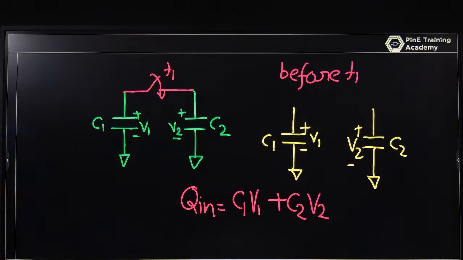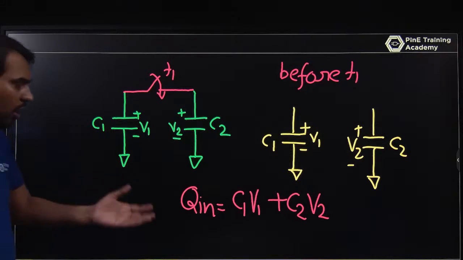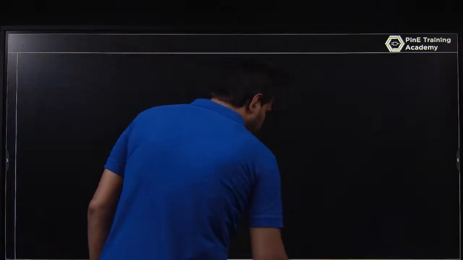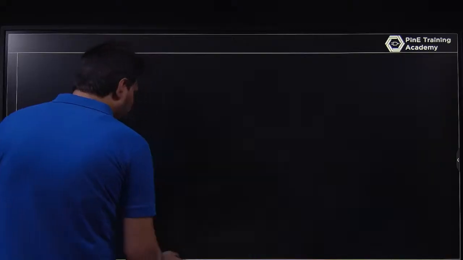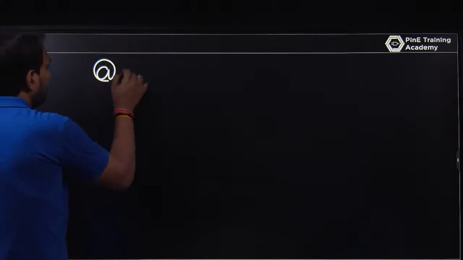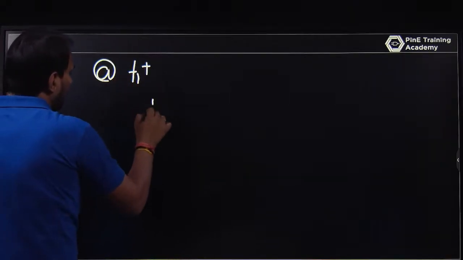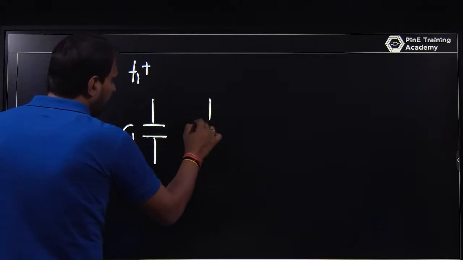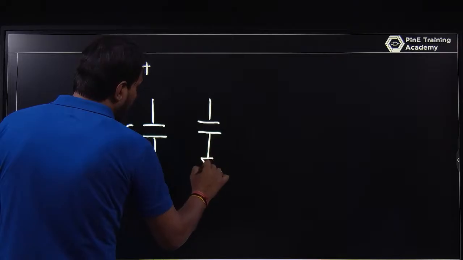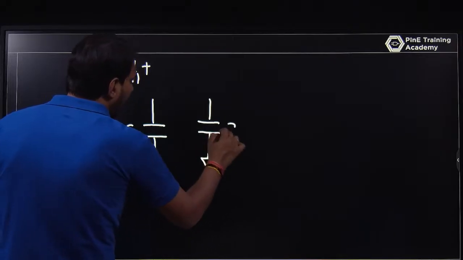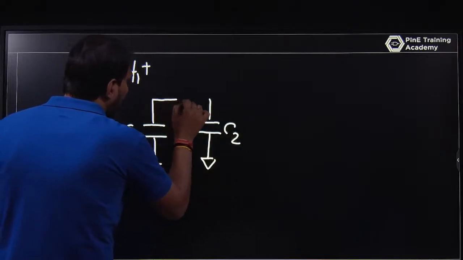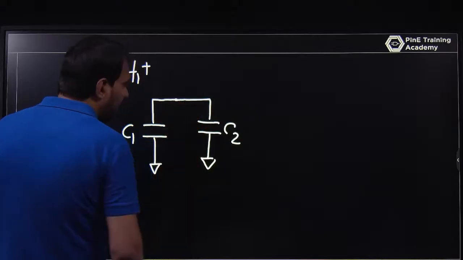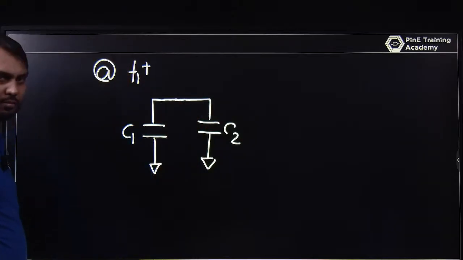So I am just thinking in a way that Q initial is equal to C1 V1 plus C2 V2. And what is happening at T1 plus? At T1 plus, C1 is present here and C2 is present here with the diode, and now this capacitor is connected after T1 plus.